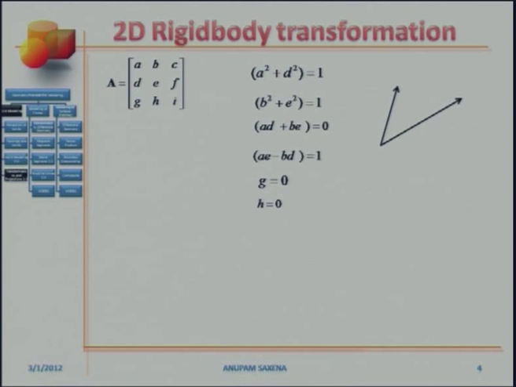We did not say anything about the element I. If you look at these 4 conditions, they involve this submatrix of A. In a sense, the 4 terms A, B, D, and E. If I write this submatrix of A as A1, then last time we found that A1 is orthogonal.